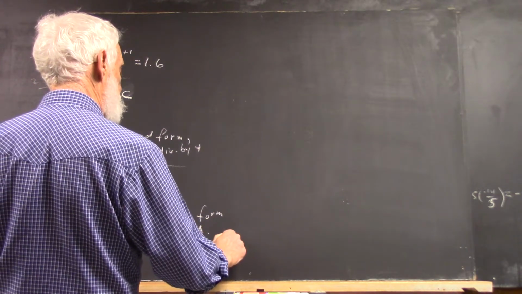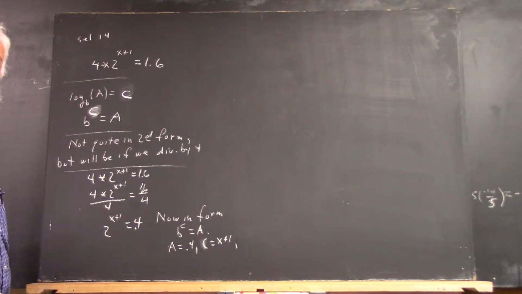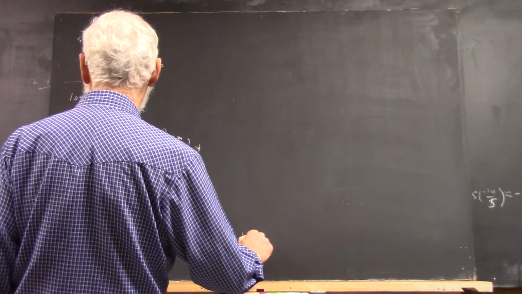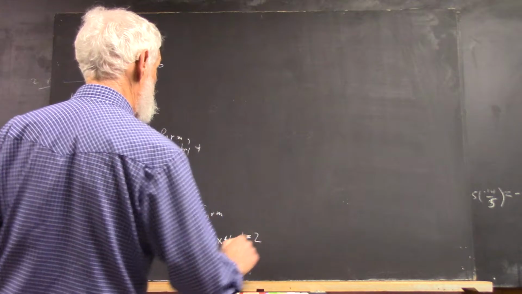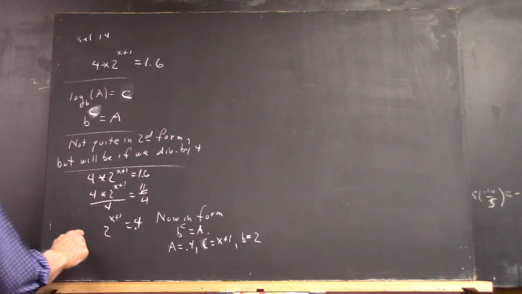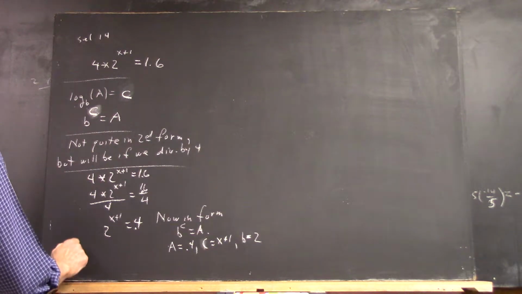Now I've sneaked something else in on you. We've also got B here, right? Little b. And little b is now 2. Okay? So, we get what? Log base b of a equals c.